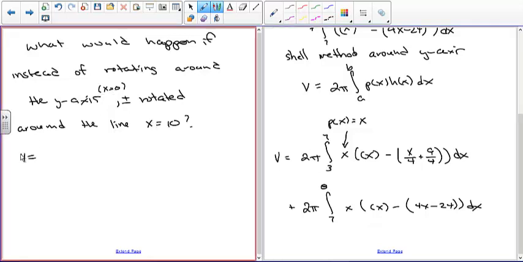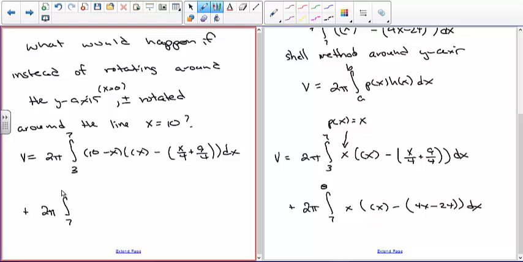The answer is going to be 2 pi times the integral from 3 to 7 of 10 minus x times x minus x over 4 plus 9/4 dx, plus 2 pi times the integral from 7 to 8 of 10 minus x times x minus 4x minus 24 dx.